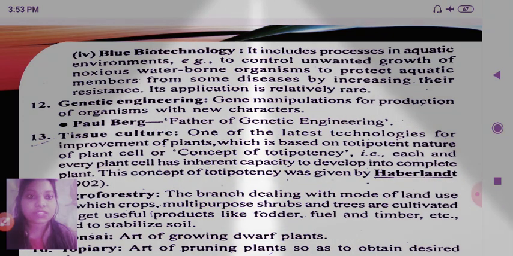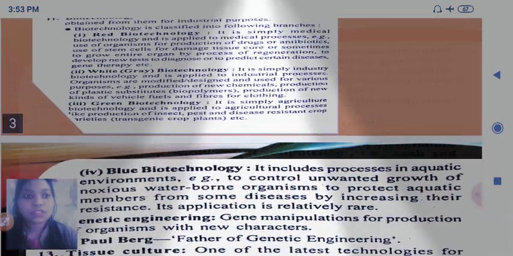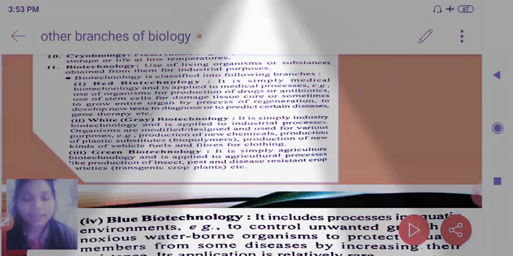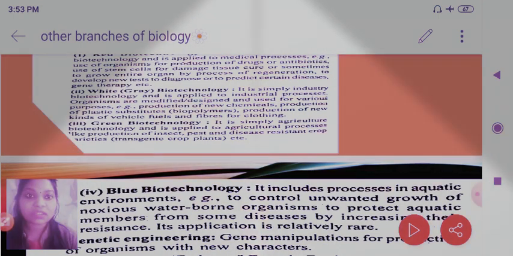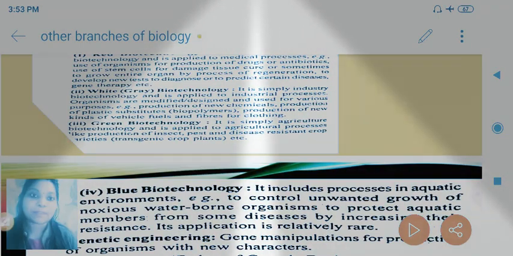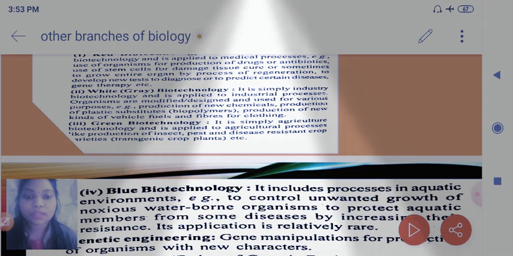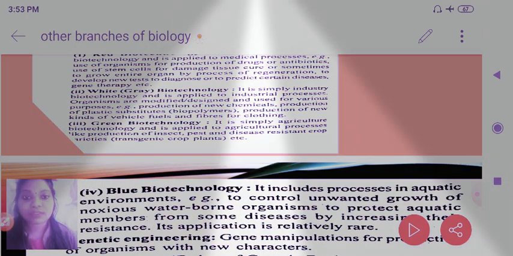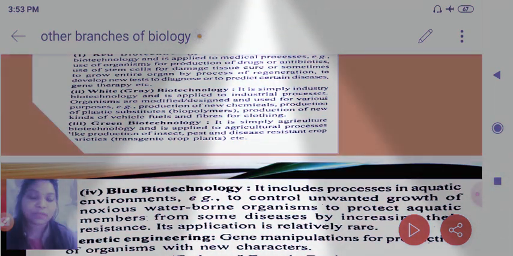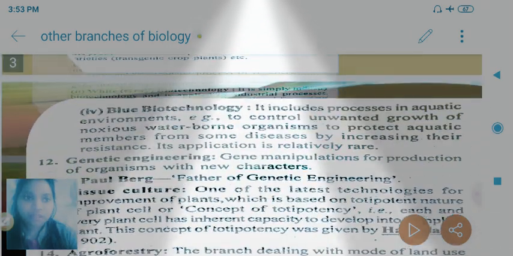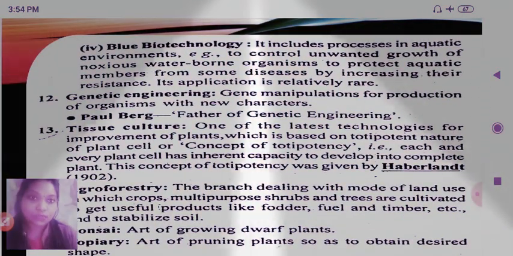Its application is relatively rare. Basically we use red, white and green biotechnology. Green biotechnology is very useful in our daily life nowadays, but blue biotechnology is very rarely used.